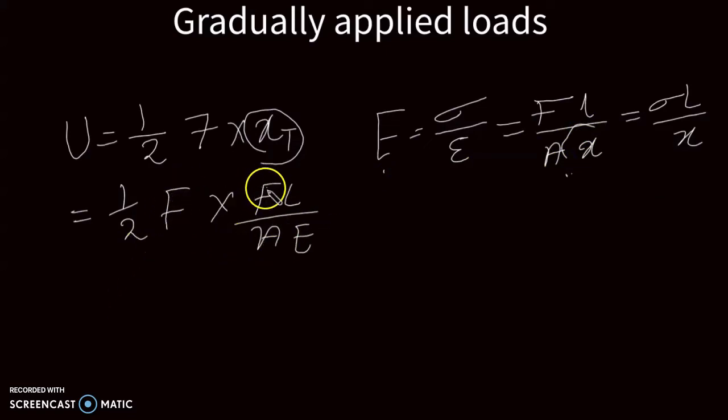So this and this are the same thing. Our formula will now be half force squared times L divided by A E.